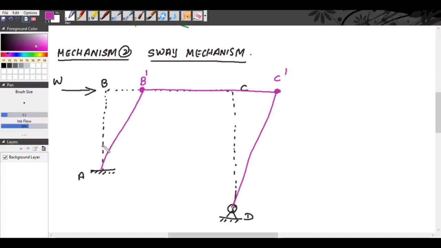Okay. So this rotation can be taken as theta. This rotation can be taken as theta. Now there is a hinge formation here. So here the rotation is equal to theta. Here the rotation is equal to theta. And this distance B dash will be equal to AB, that is 3 meter.